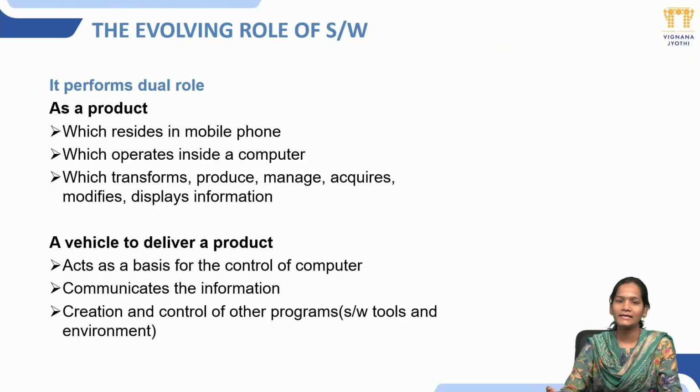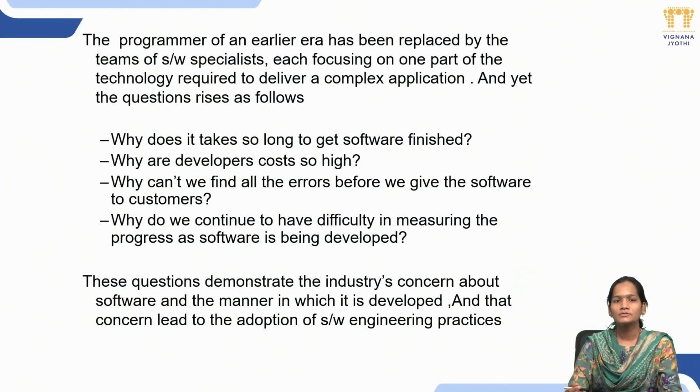When it is a vehicle to deliver a product, it is the basis for the control of the computer, so it communicates information by using the vehicle. That is also a product, or we can say it is an evolving role. So we go on to the creation and control of other programs by using some tools and environments. All of these come under this dual role.